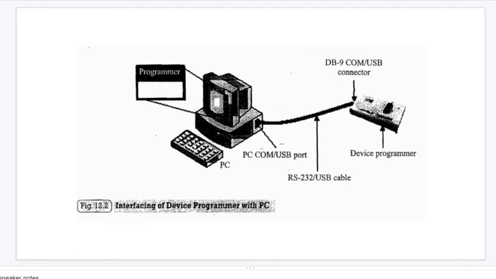Let me give you one simple example. I hope you all have connected a mobile to your laptop. If you think of this as a mobile and this as a laptop, whenever you want to transfer data from the computer to the mobile, you connect through wireless or wired. Let's assume a wired connection.